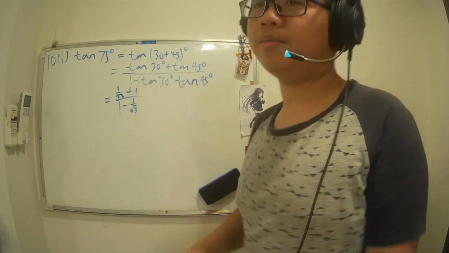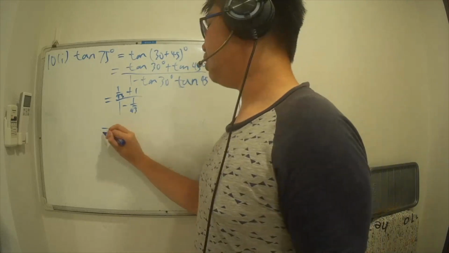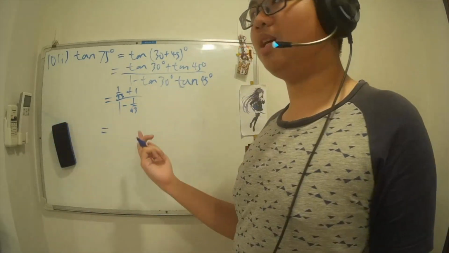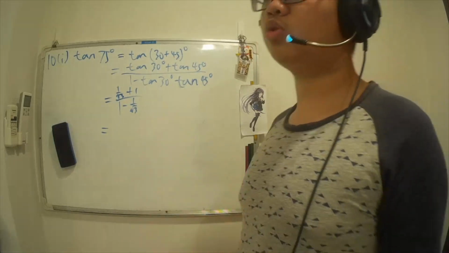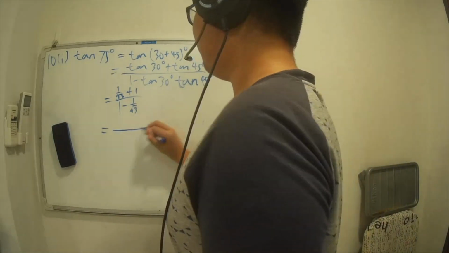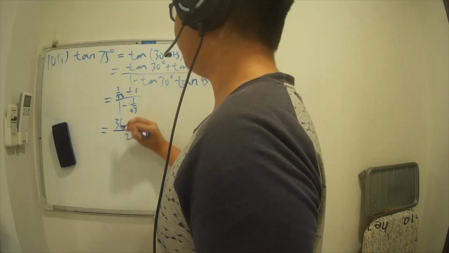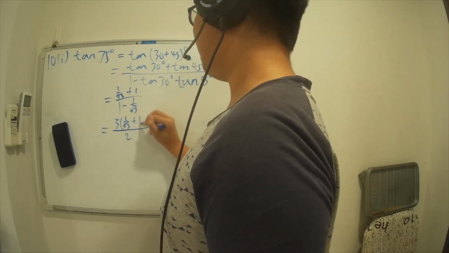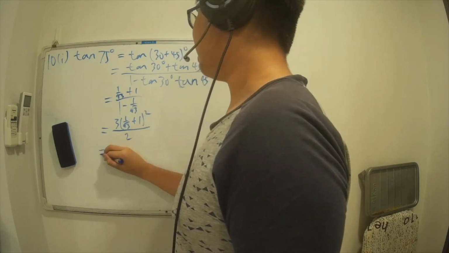Alright, this is 1 over square root 3, this is 1, over 1 minus just 1 over square root 3, right? Because this is 1. Okay, so let's do this. When we multiply by the conjugate, we realize the top actually just becomes squared, and then the bottom will become 2 over 3. So this will be 2 at the bottom, 3 times 1 over square root 3 plus 1, whole thing squared, and let's expand this.